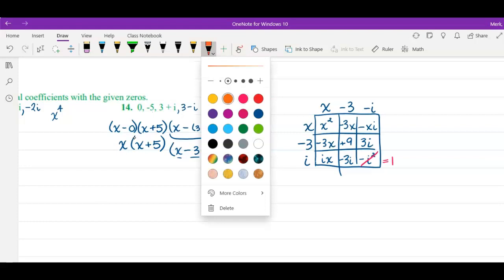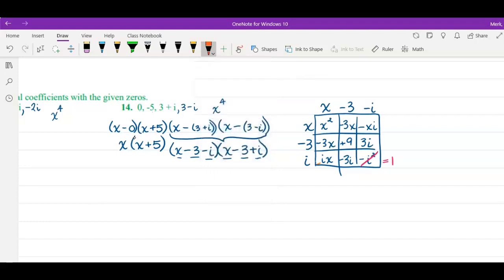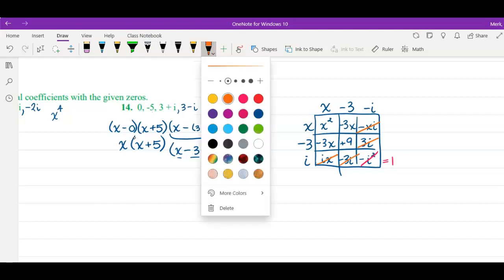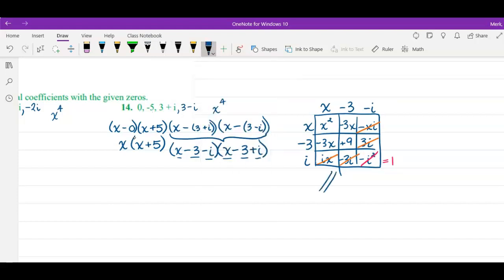Also, you can note that ix and negative xi cancel out. 3i and negative 3i cancel out. So altogether from this box, I'm going to be left with x squared minus 6x plus 9 plus 1 makes plus 10.